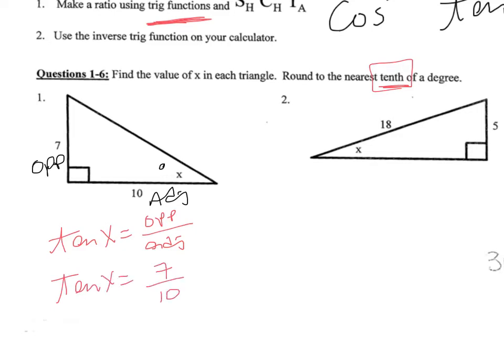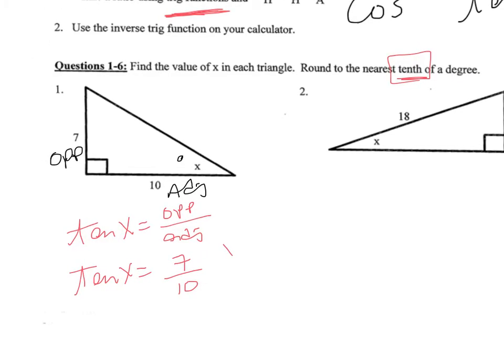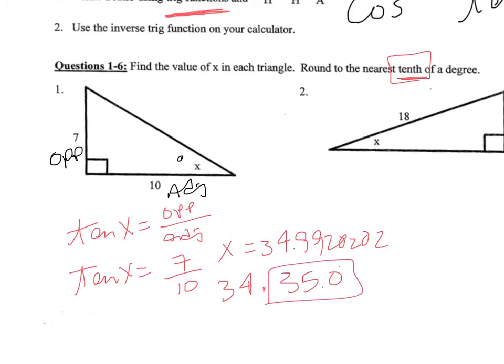In your calculator, make sure you press second tan, 7 divided by 10, and it spits out x is equal to 34.99, so it would be 35.0 degrees. So that's question number 1.